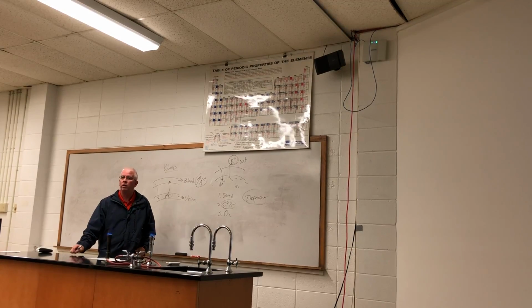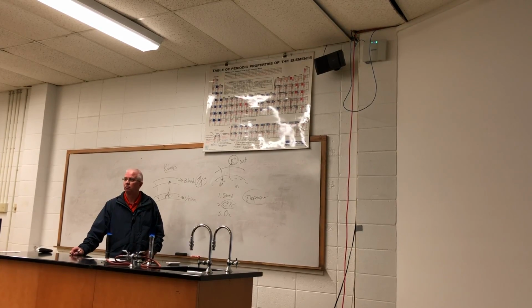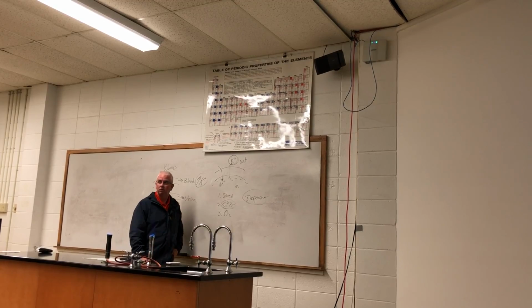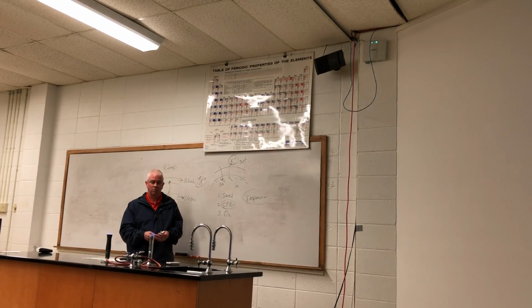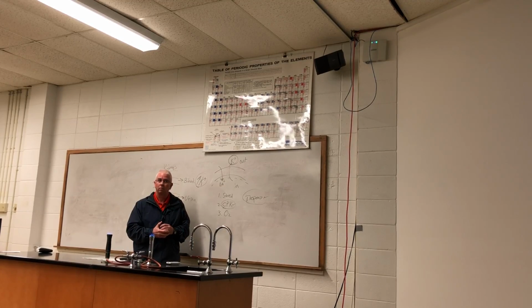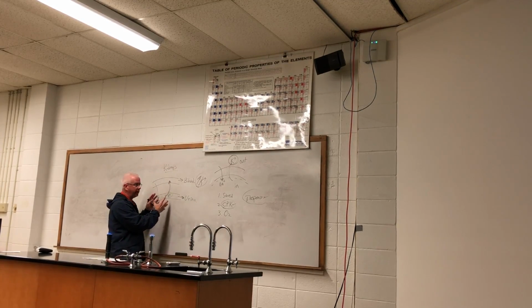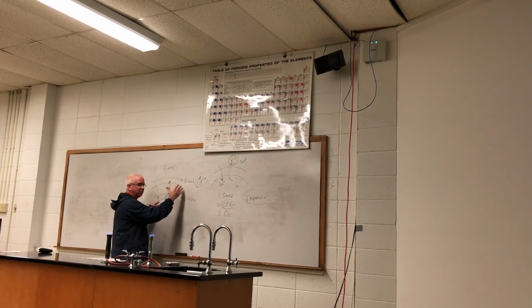Now, what would happen if the concentration of potassium on the outside of the cell was artificially higher? So I have caused a situation here where there's more potassium in the blood.